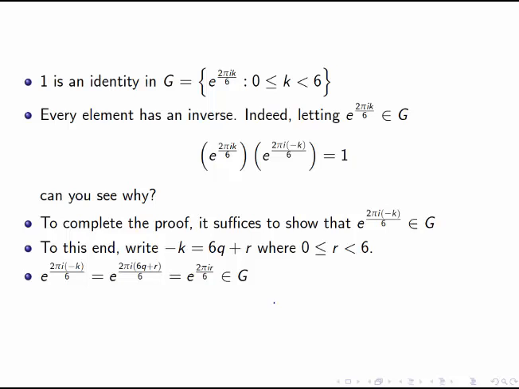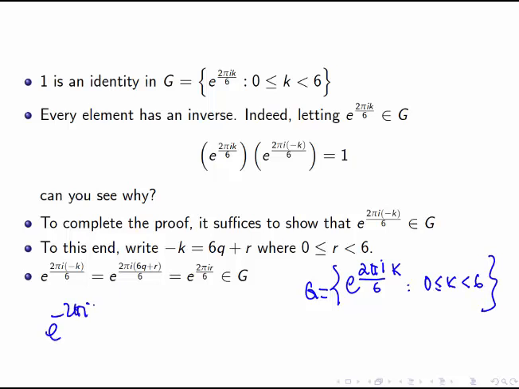And that clearly is an element of G, right? Because by definition, G is all elements of the type e^(2πik/6), where k is between 0 and 6, not including 6. So that tells you that e^(2πi(-k)/6) is an element of G. And we conclude that this set is closed under inverse.